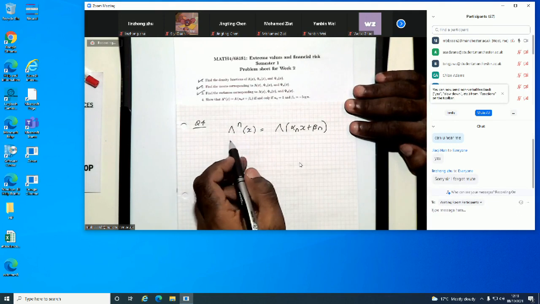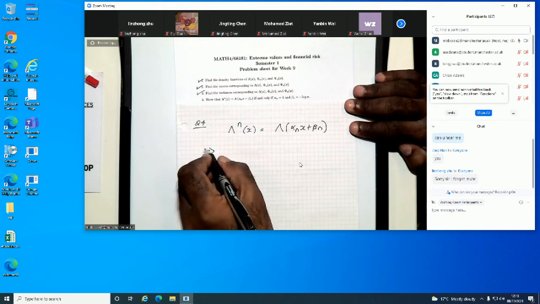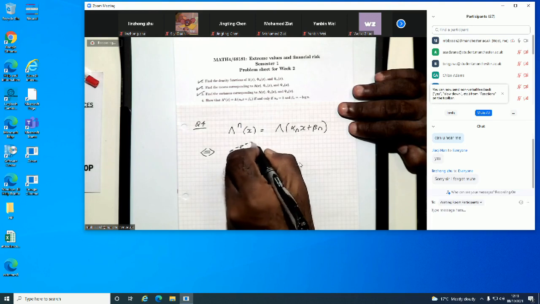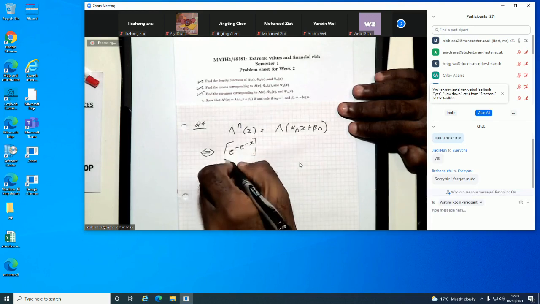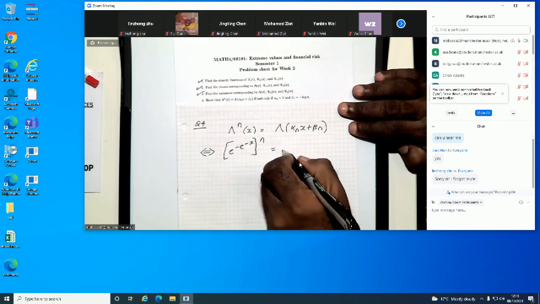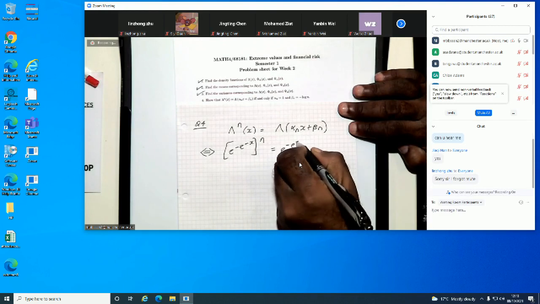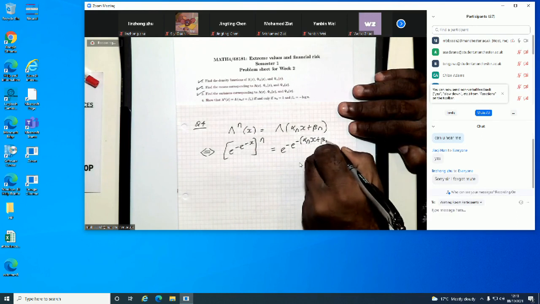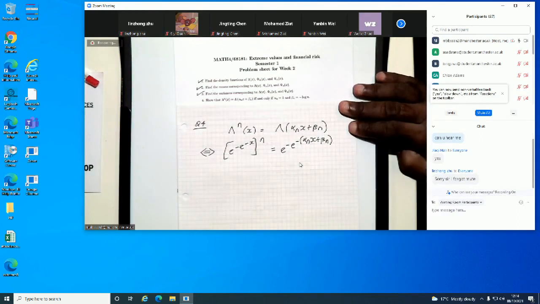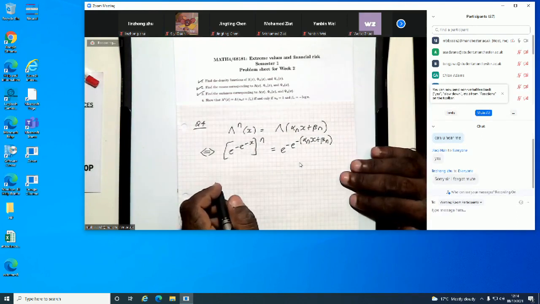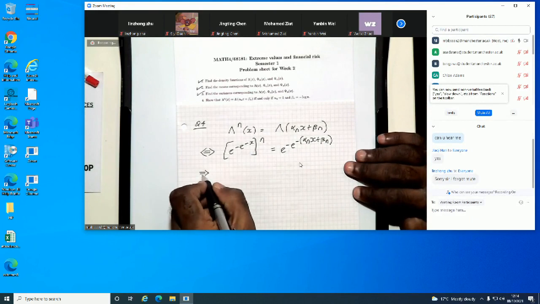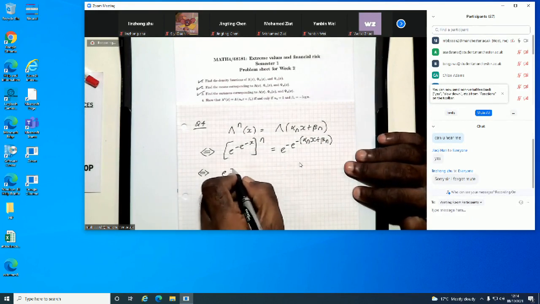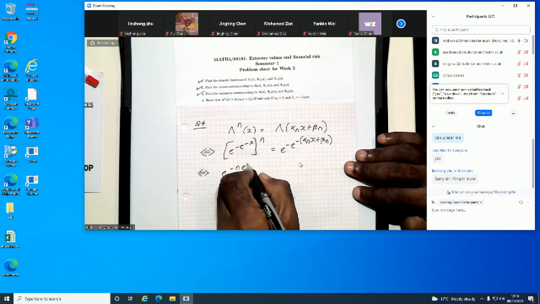Now the lambda is, so this is the same as saying that, yeah, okay, right? Now this, if you take the nth power of this, what would you get?